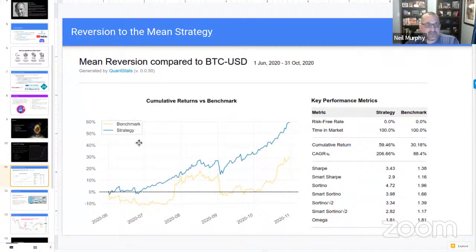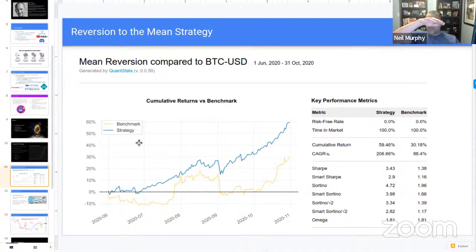So this one here is a reversion to the mean strategy. And basically the concept is that the farther you move away from the average, like let's say the stock goes up a lot, just ignore the slide for a second. Let's say the stock goes up a lot and moves quite sharply up, far away from what the moving average is.